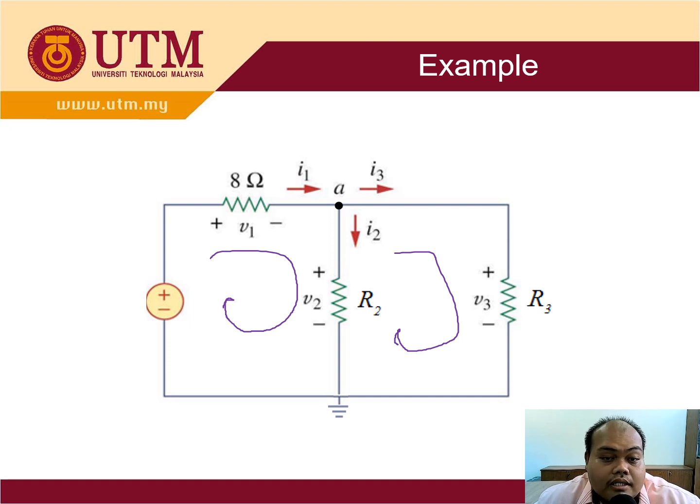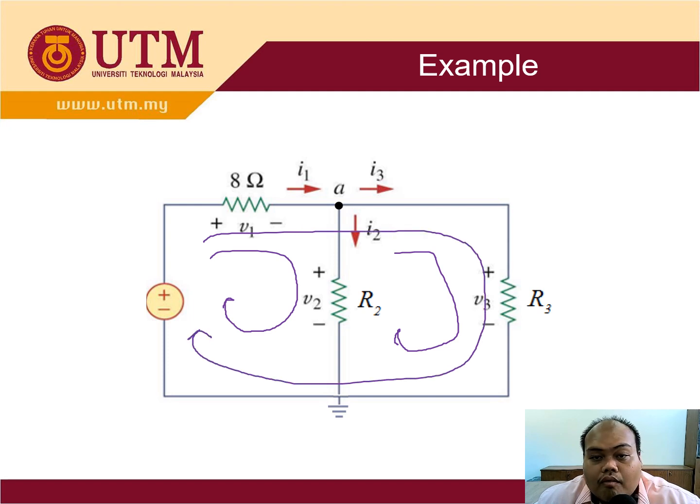These are called independent loops or independent meshes. There is also a dependent loop, where loops can be combined together. If the question asks how many loops are in this circuit, it is 3: 1, 2, and 3. But the number of independent loops is only 2, this one and this one.